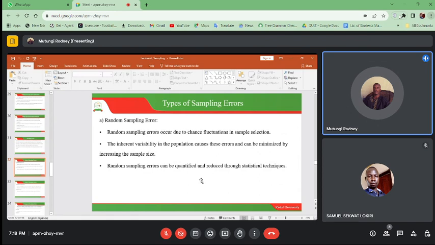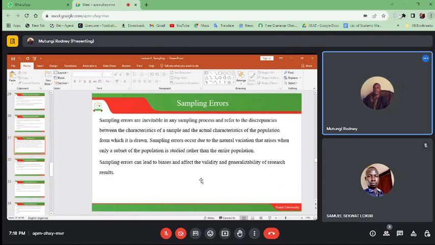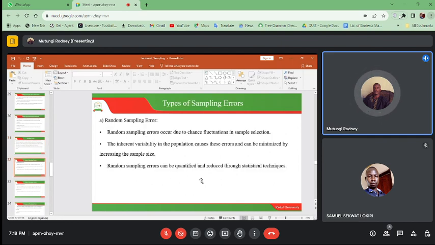There are very many sampling errors that we have, and one of them is random sampling error, which occurs due to chance fluctuation. Like I was saying, not everyone will have a chance of getting selected when you use random sampling.